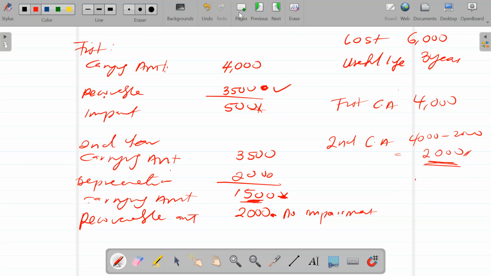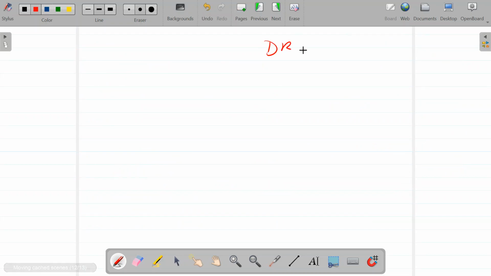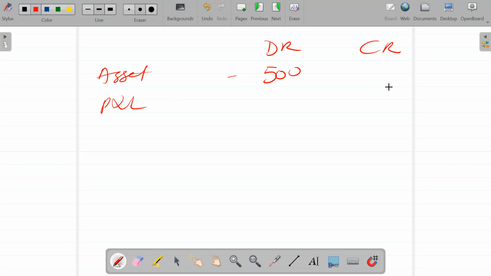So the double entry will be we will debit our assets, that's the carrying amount, by 500, and we'll credit our P&L by 500, to reverse the previous impairment loss.